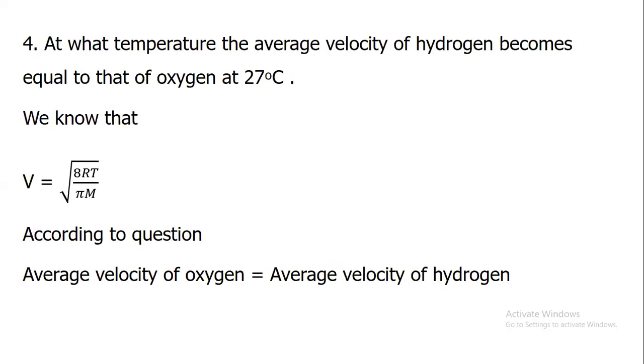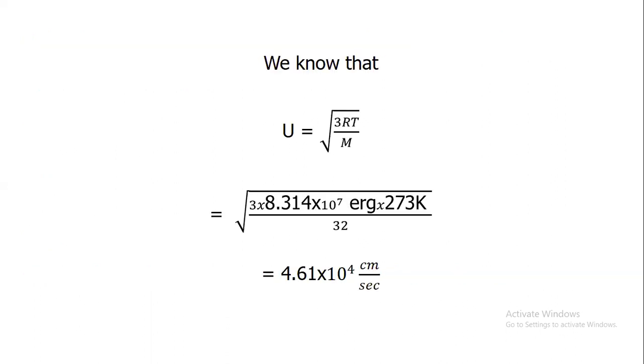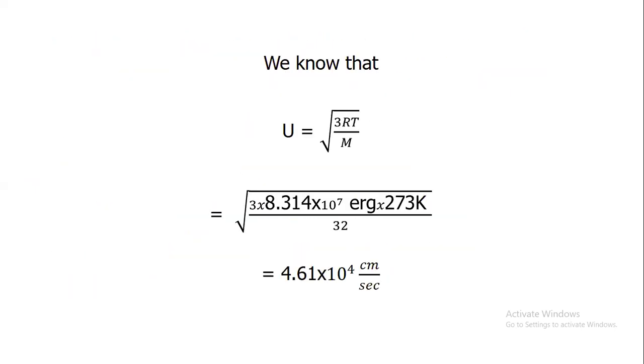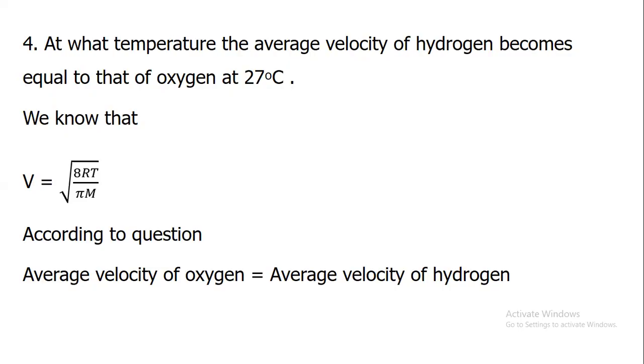At what temperature will the average velocity of hydrogen become equal to that of oxygen at 27 degrees Celsius? Average velocity is root under 8RT over pi M. So according to the question, average velocity of oxygen equals average velocity of hydrogen.